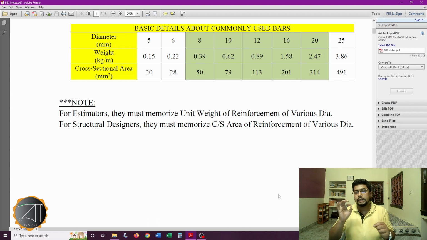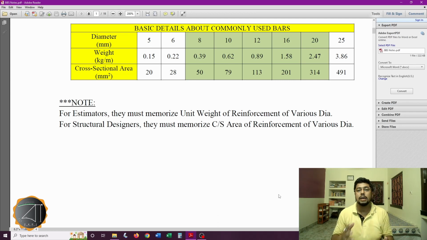For that particular phenomenon only, we have to consider the sectional area. But when we are acting as an estimator, things change, because here we are not at all bothered about the structural function of the reinforcement, as an estimator, not as a site engineer.